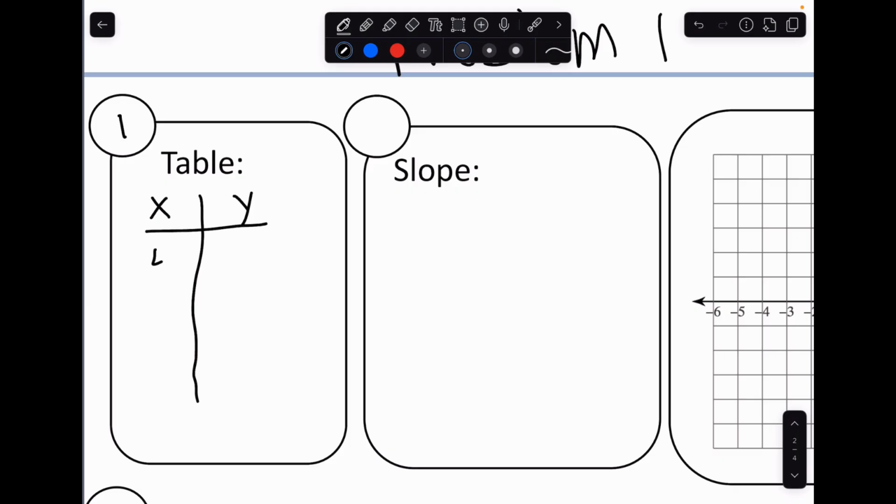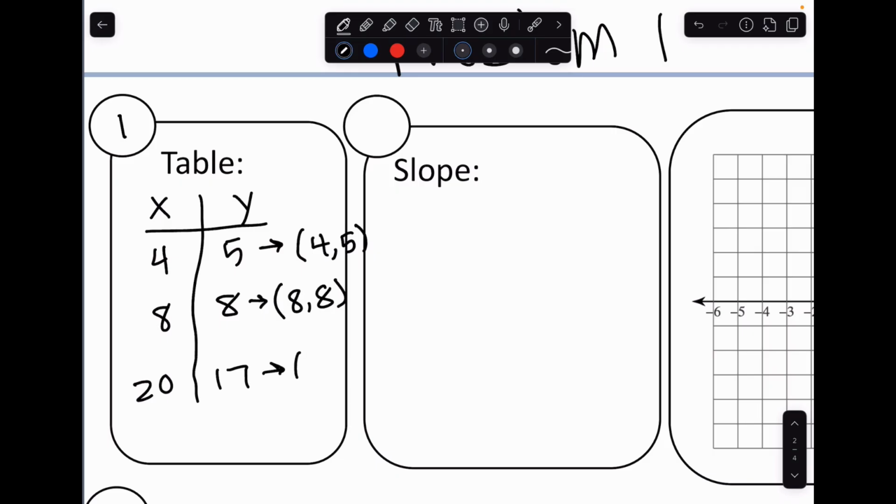And we have 4, 5, 8, 8, and 20, 17. Okay? Remember, the one right across from it goes with it. So this point, we know is 4, 5. This point, we know is 8, 8. This point turns into 20, 17. Okay, this is how we read our table.